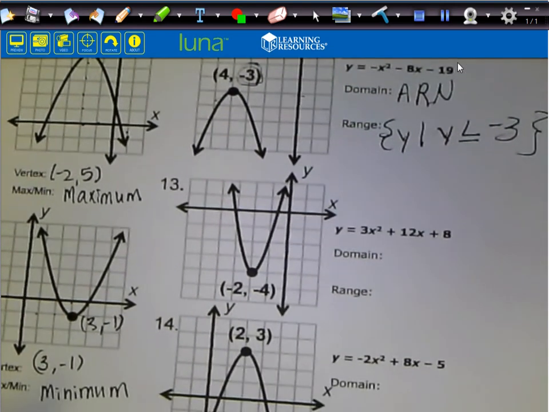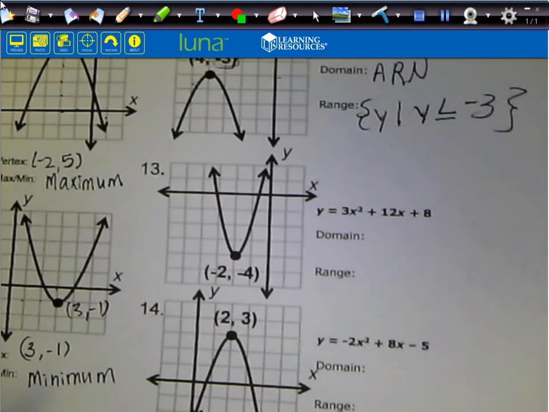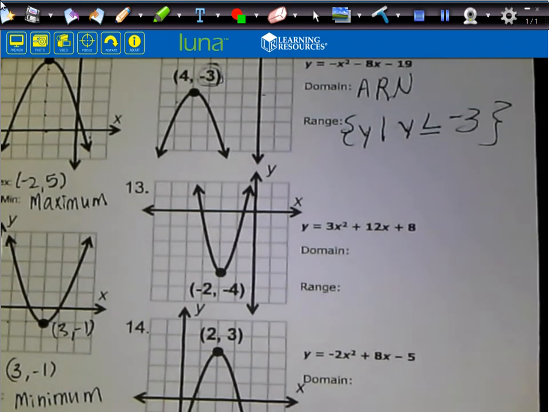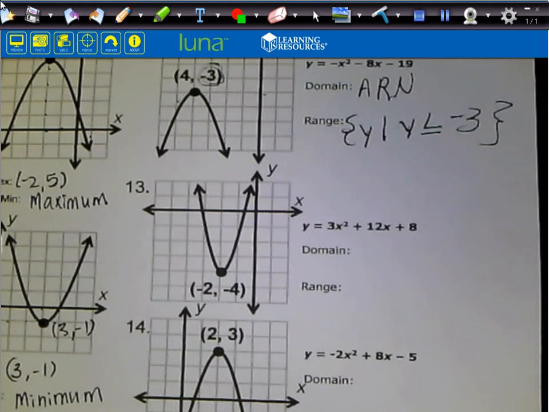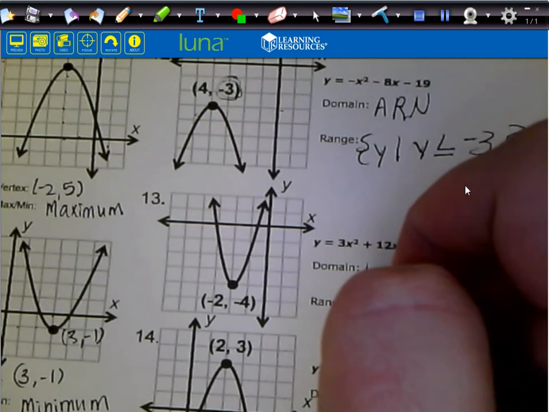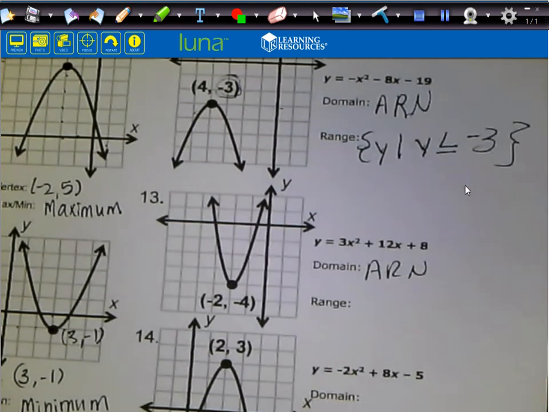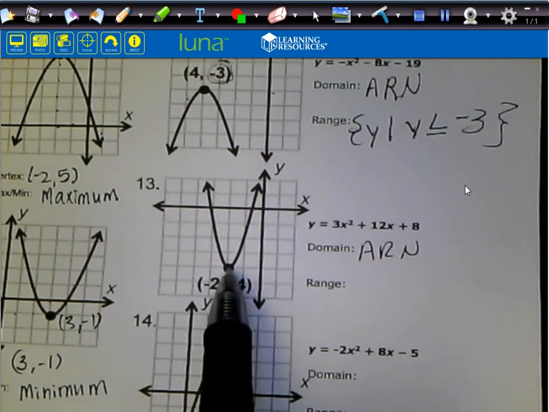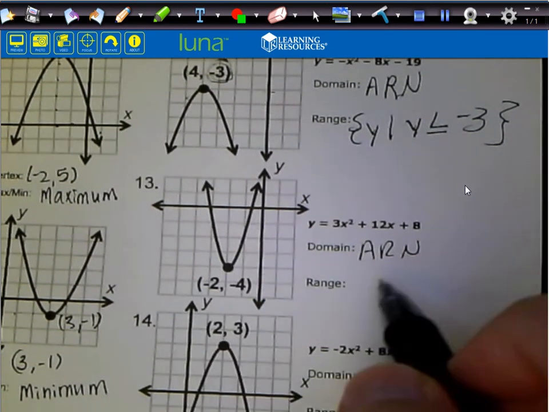Alright, let's look at number 13. For number 13, again, my domain is all real numbers. And then my range is going to be everything from this lowest point and up.